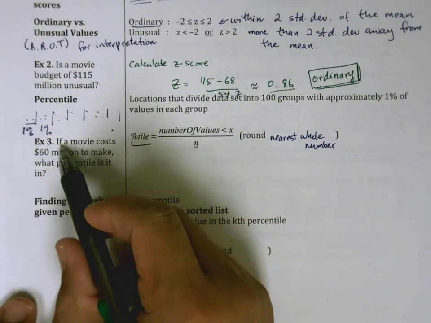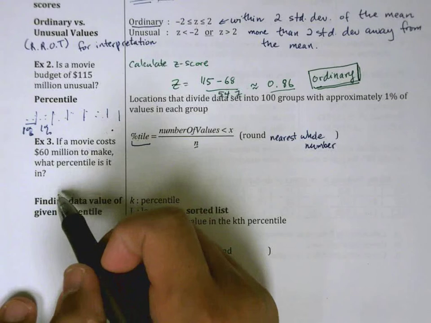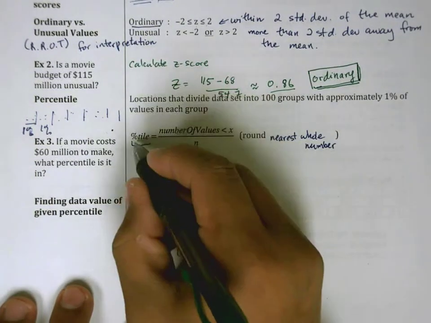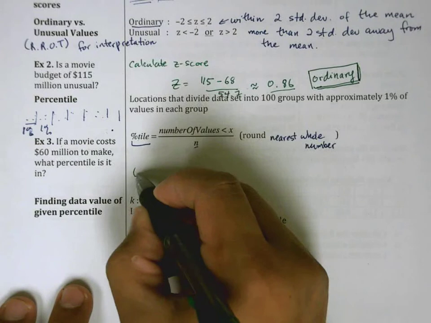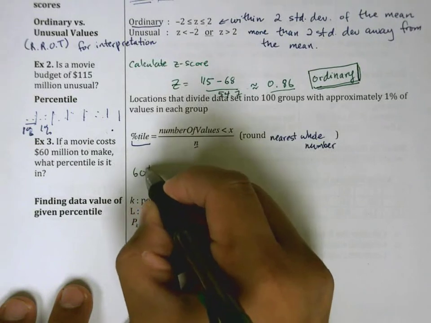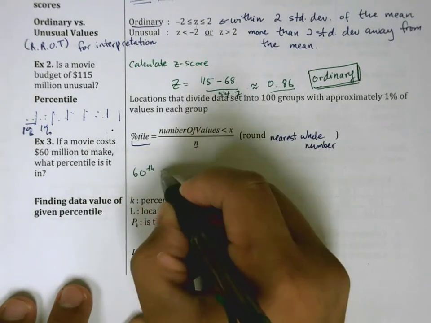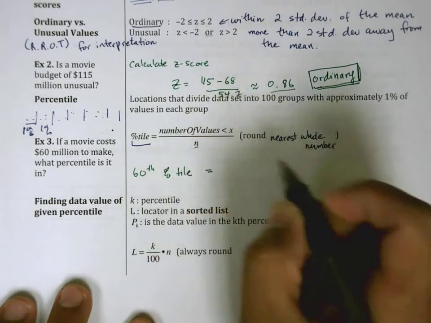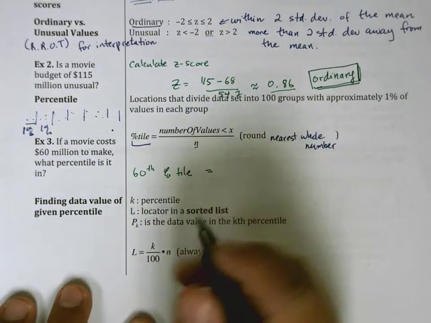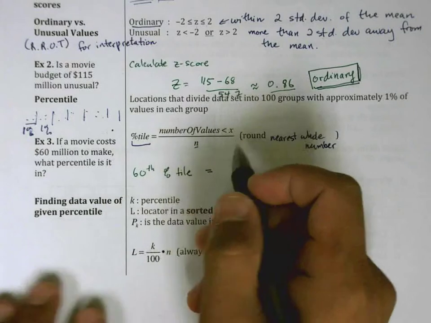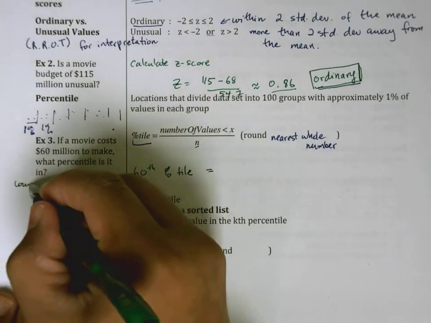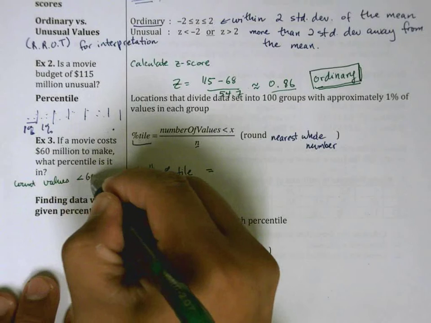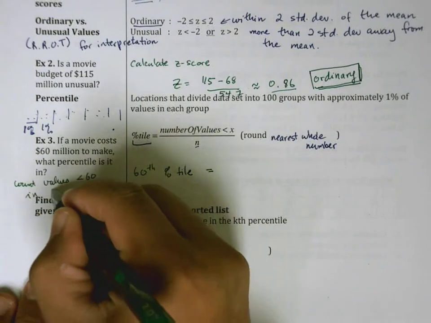If a movie costs $60 million to make, what percentile is it in? So again, we're looking for the 60th percentile. We want to count the number of values less than 60 in the sample.